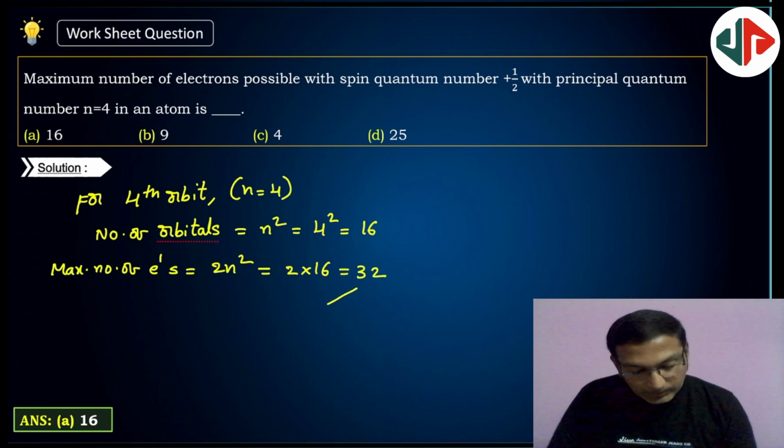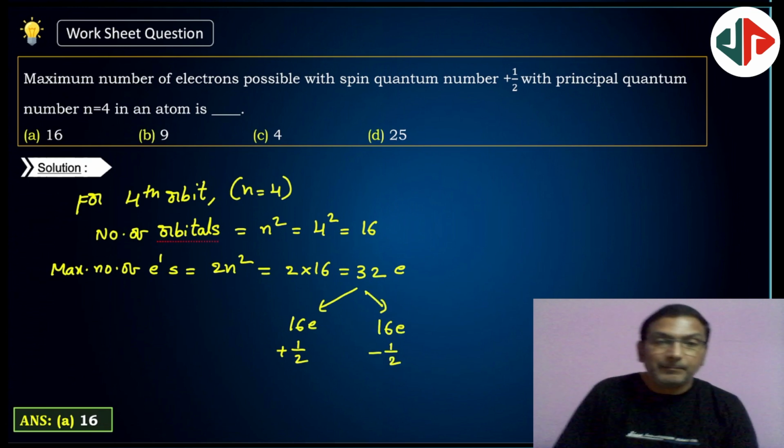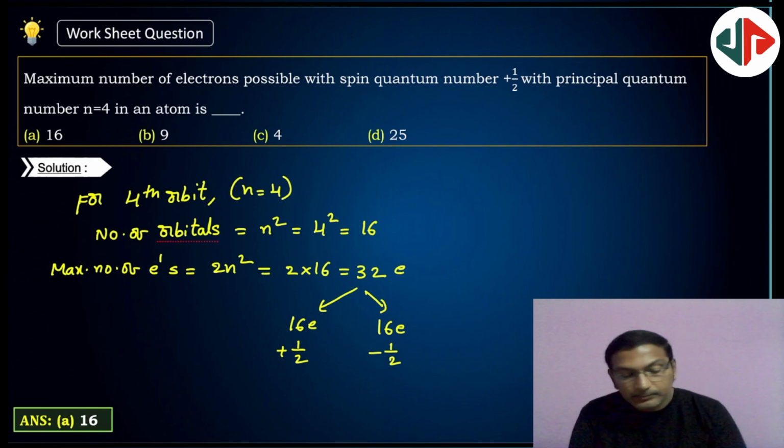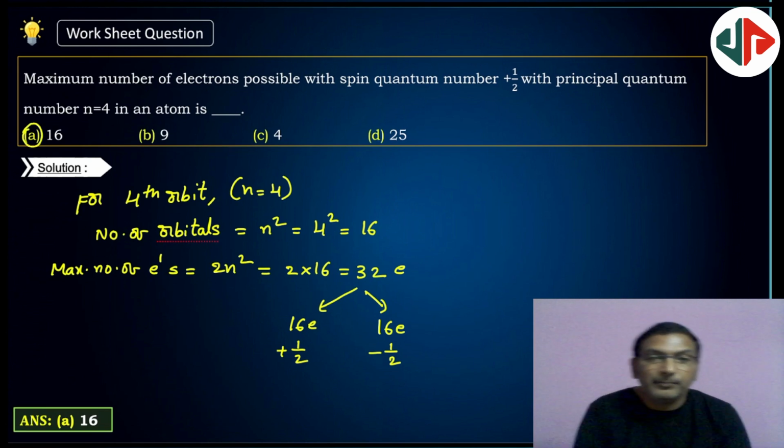In 32 electrons, 16 electrons will be having plus half spin and remaining 16 electrons will be minus half spin. Therefore, answer A. 16 electrons are having spin plus half. The remaining 16 minus half.